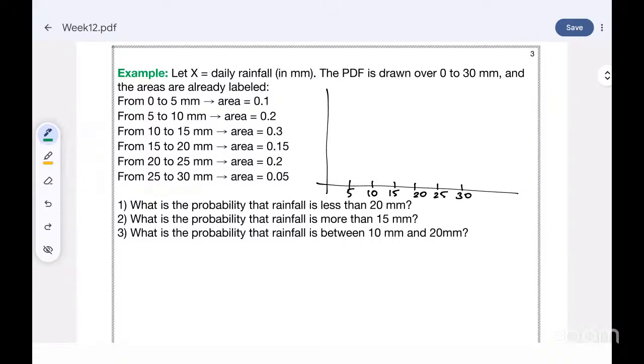And now the graph, let's say it's like this. Starting from 0, this area is 0.1, this is 0.2, this area is 0.3, this area is 0.15. Maybe here I should draw the curve a little bit differently because the dip is coming.